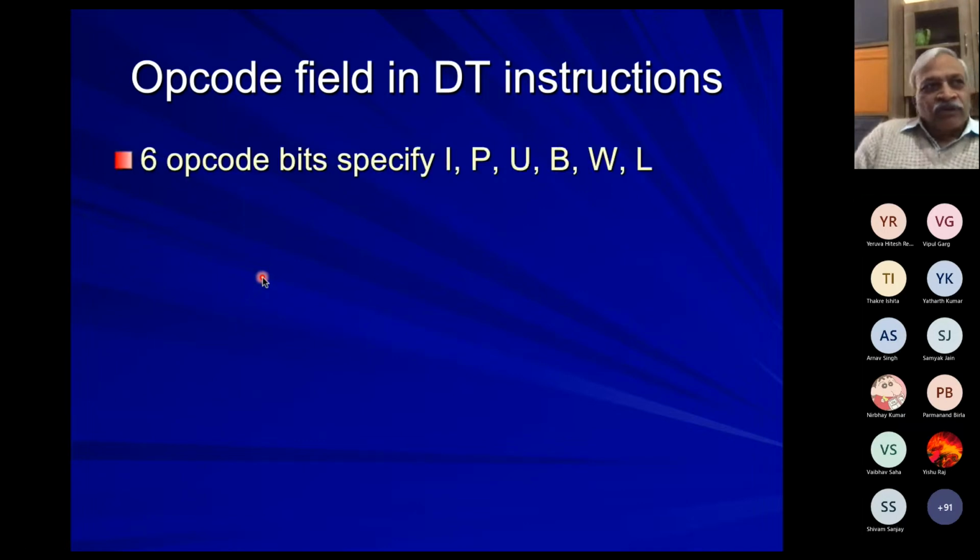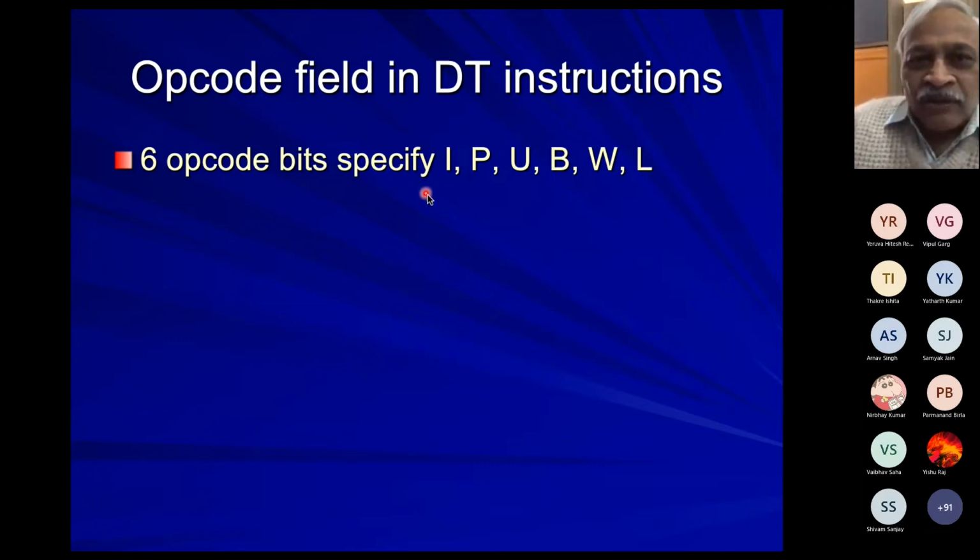Now I talked of a 6-bit opcode field in the DT instruction. So that gives us many possibilities. We have nothing else but load and store, but it comes with many other enhancements, many other features.